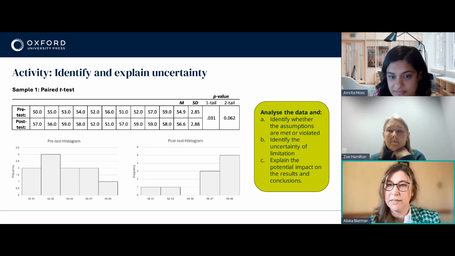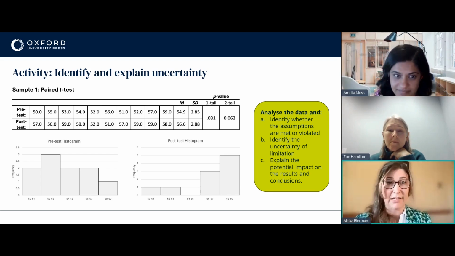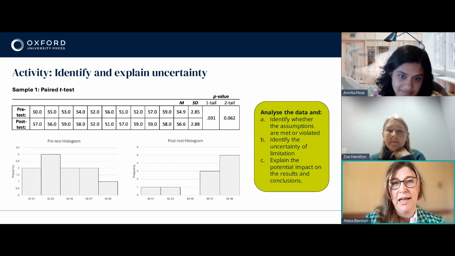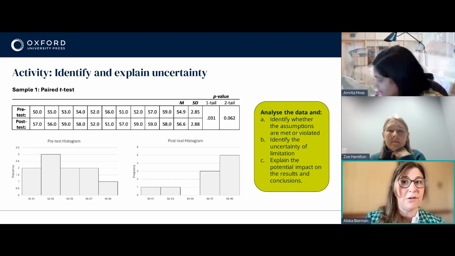Okay, so at the moment, according to the poll for the pre-test histogram, we're close to 50-50 with a few more people thinking it doesn't show a normal distribution. And the post-test is much clearer result with most of you thinking that it's violating the normality assumption. All right, next question before we move on is, do we need to worry about equal variance?